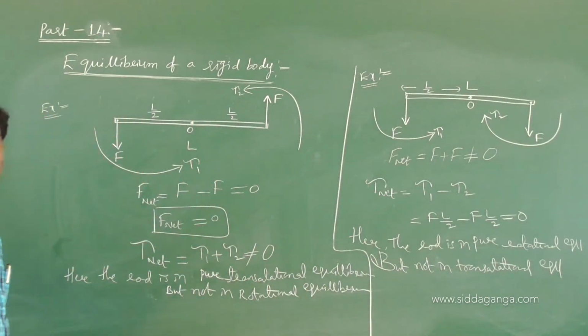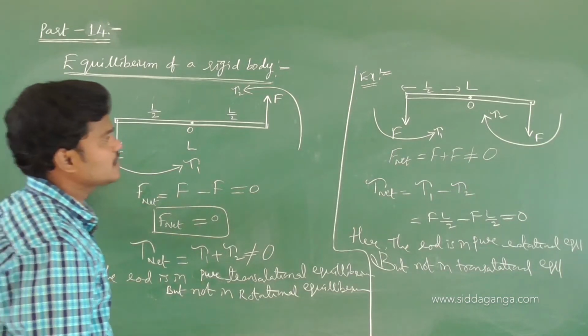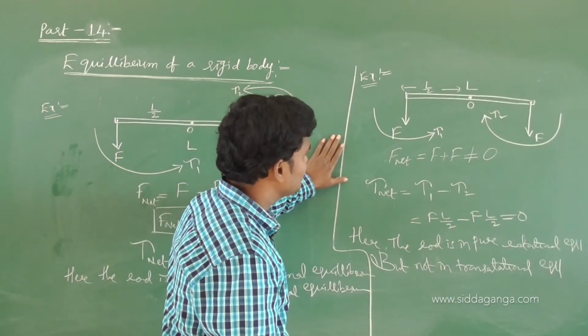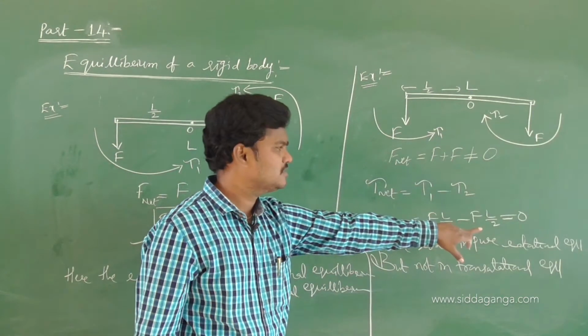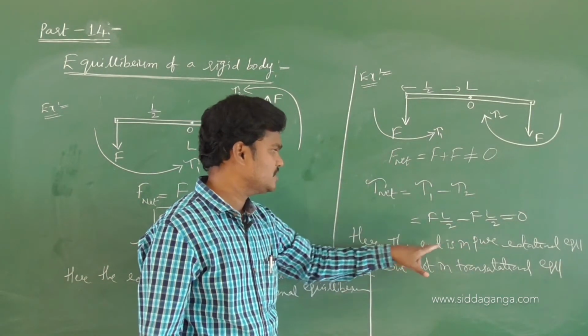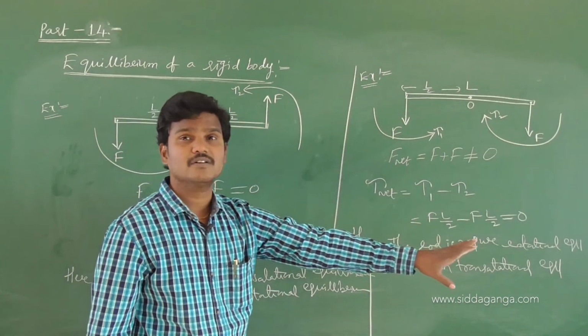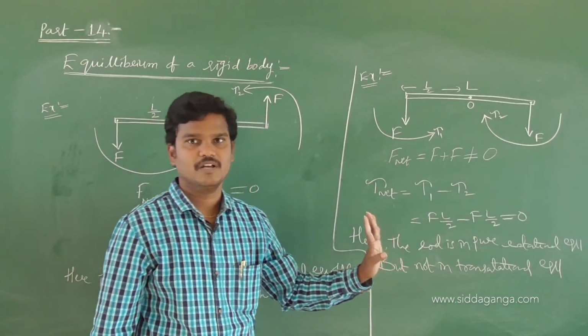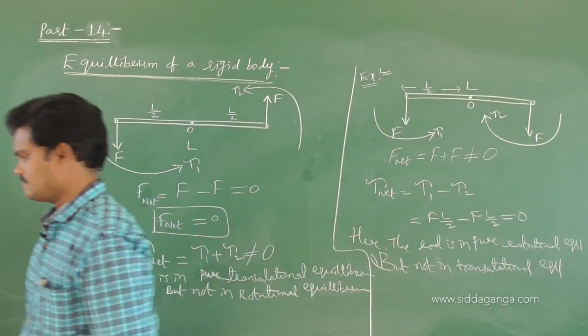Yes, these are simple things. Next some questions will come. See, I gave two examples. The first one: the rod is in pure translational equilibrium but not in rotational equilibrium. The second one: the rod is in pure rotational equilibrium. Why? Because the net external torque acting on the rod is 0. So the rod is in pure rotational equilibrium but not in translational equilibrium. Okay, and observe here. First we take this.